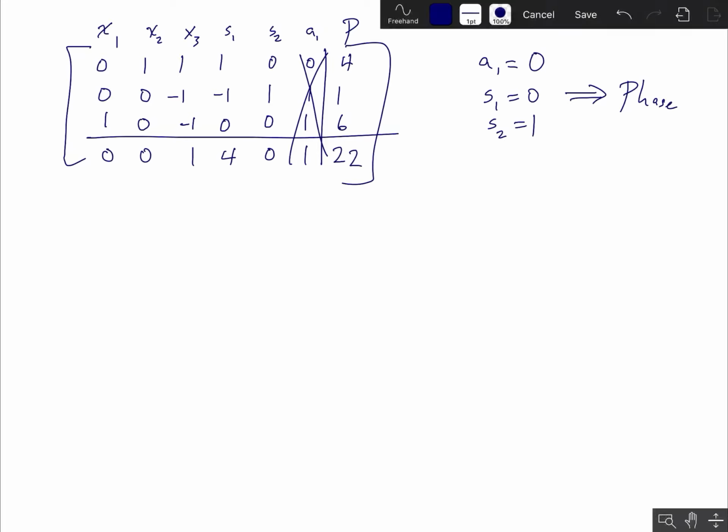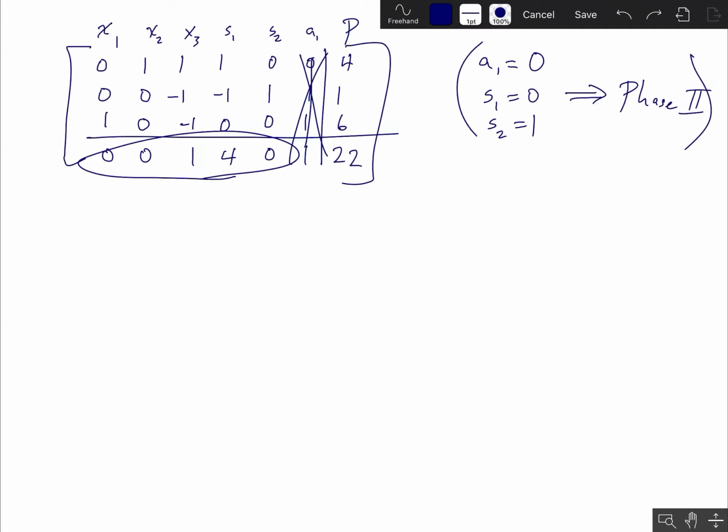That means we've moved on to phase 2, and now we can just treat this like an ordinary simplex method problem. So we'll delete the artificial variable column, and what will be left is this matrix that has this objective row.